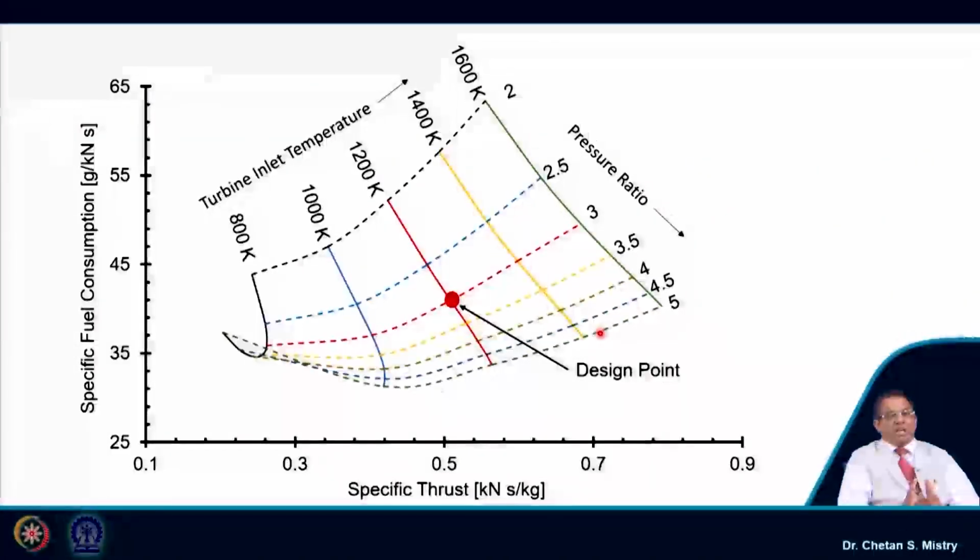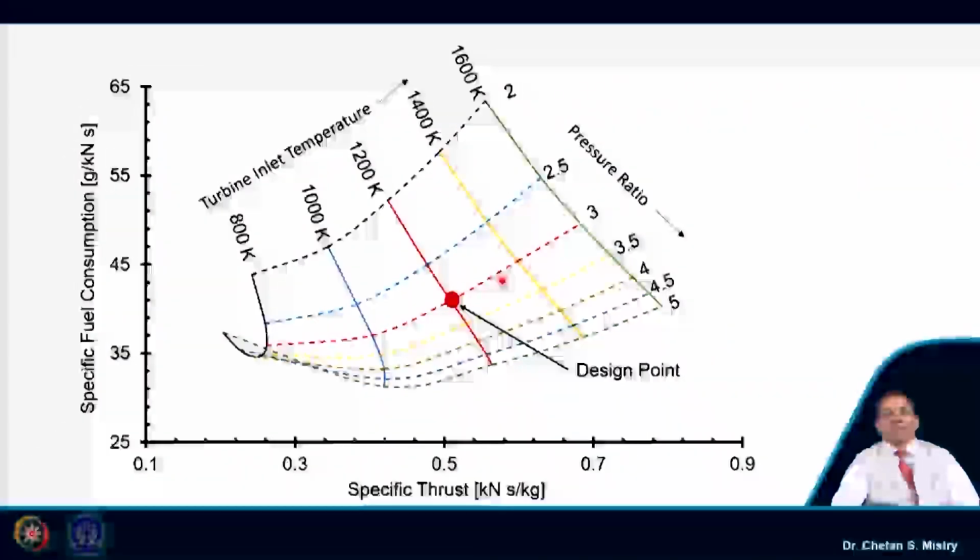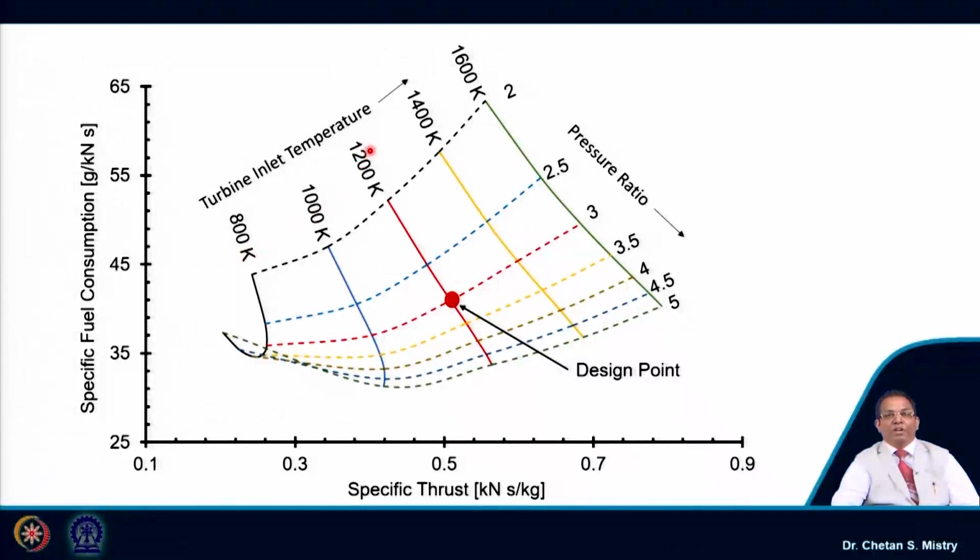This is a good representation of this particular engine, where we are looking at important performance parameters like specific thrust and specific fuel consumption. And here it represents the variation of pressure, variation of temperature, and the combination of these two, and how they impact specific thrust and specific fuel consumption.